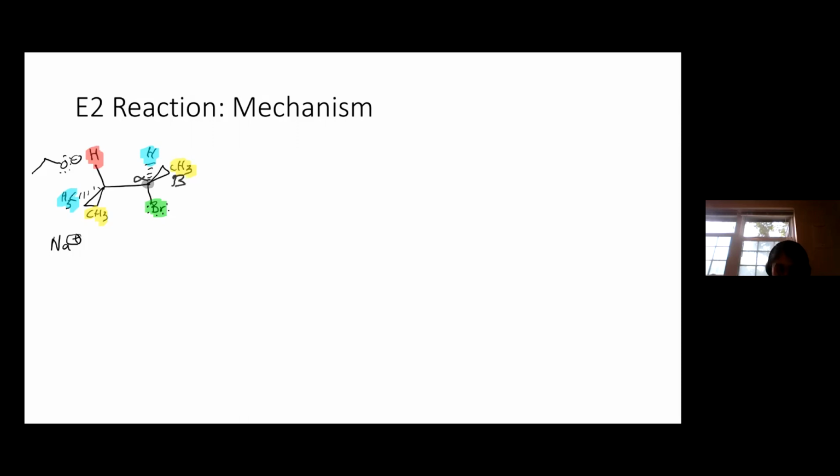So this is a beta carbon, and this is a beta carbon. We had 2 carbons to choose from. But if we do what I said in the other slide and look at how many hydrogens are attached to each, in this beta carbon there's only 1 hydrogen attached. In this beta carbon, there are 3 hydrogens attached. So we want to remove the H from the beta carbon that has these hydrogens. So we're going to go with this one right here. We're focusing on the hydrogen that is in red.